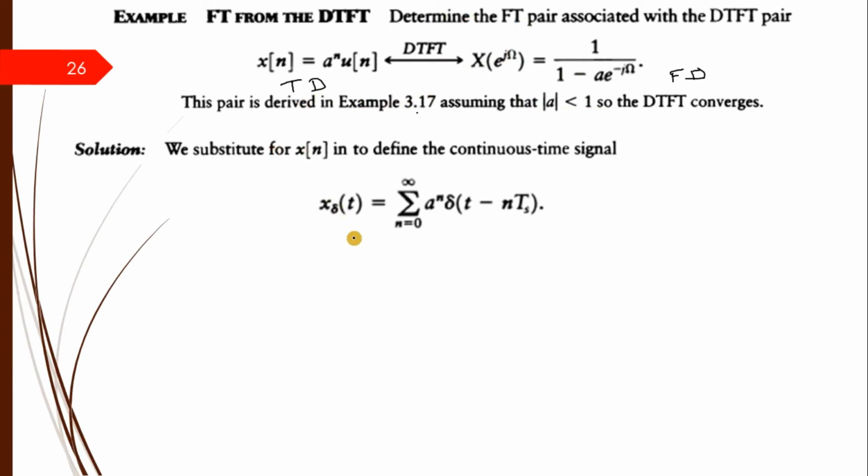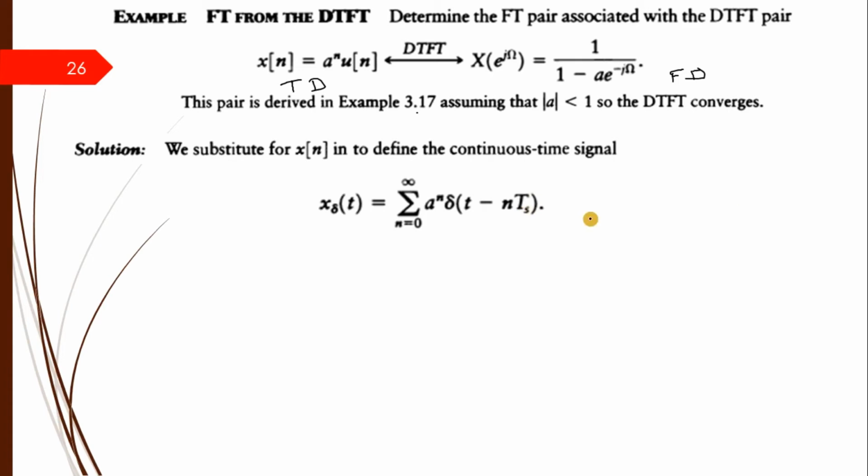For the equivalent FT pair, FT is applied to a continuous time signal, right? The continuous time signal and the discrete time signal are related with the previous concept that we studied. So x delta of t was equated to x of n, right? How was it equated? It is the continuous time signal sampled at every Ts, nTs.